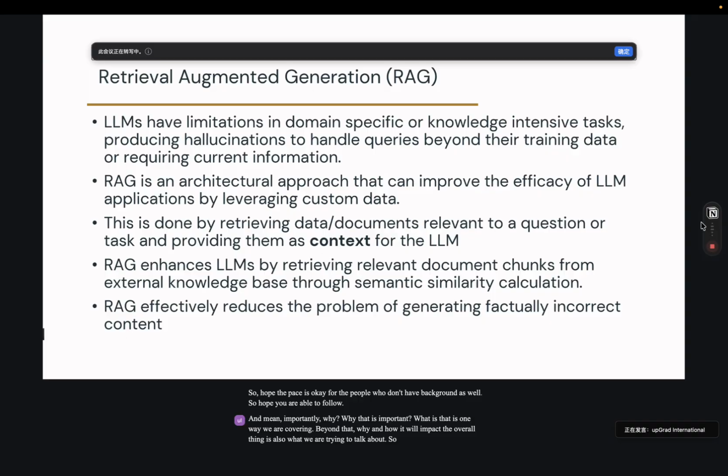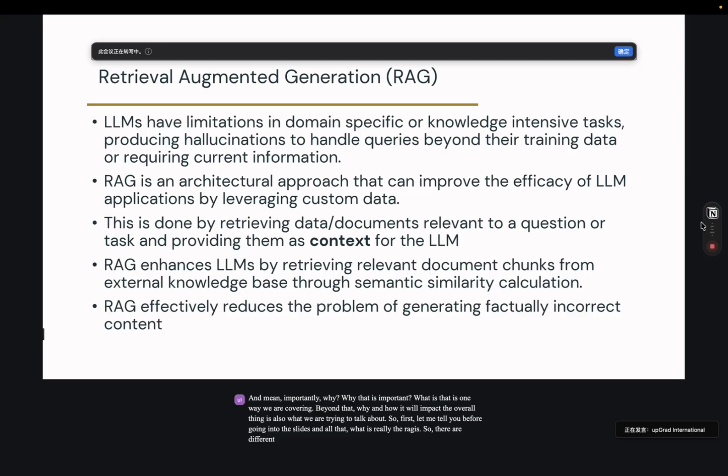So first, let me tell you before going into the slides and all that, what is really RAG. There are different types of RAG and all that. Especially in an enterprise setup, we do have powerful LLMs which you are accessing, right?